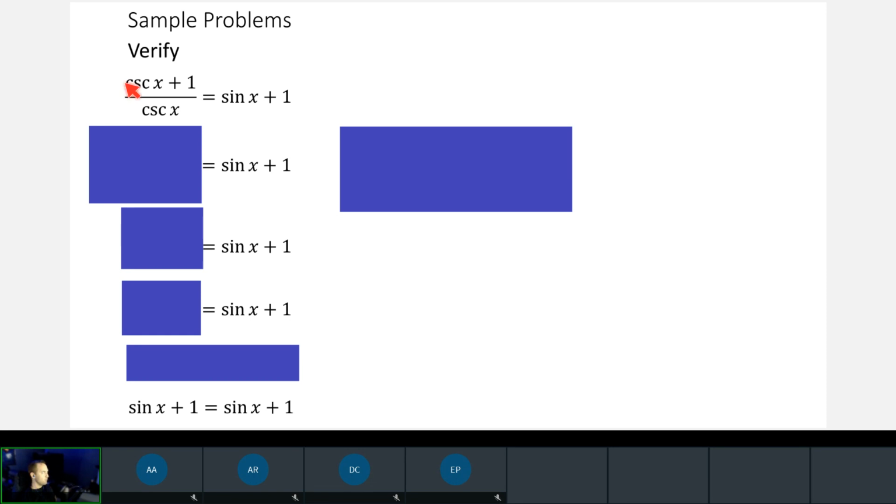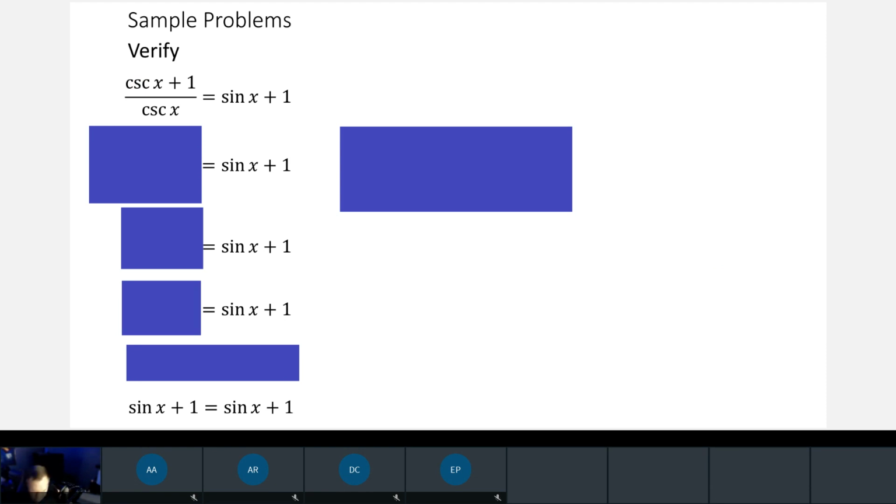So how can I write this fraction into two two-term fractions? Cosecant divided by cosecant plus 1 over cosecant. Yep, that's exactly how you would do it. I think doing it this way is probably the easiest way.